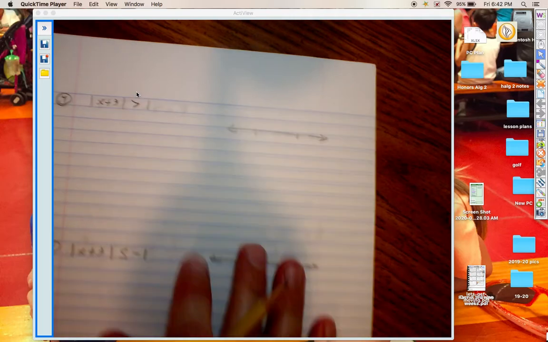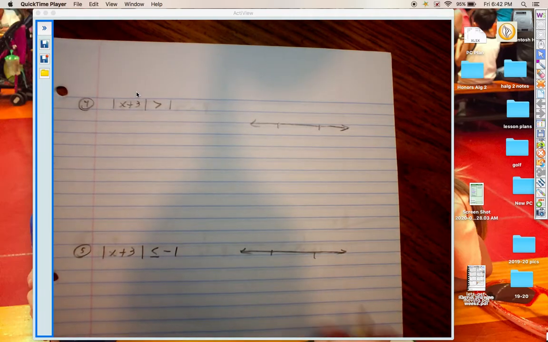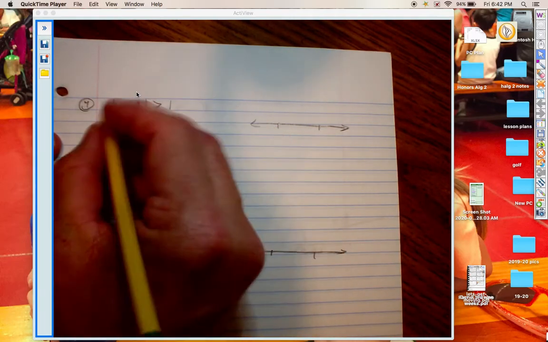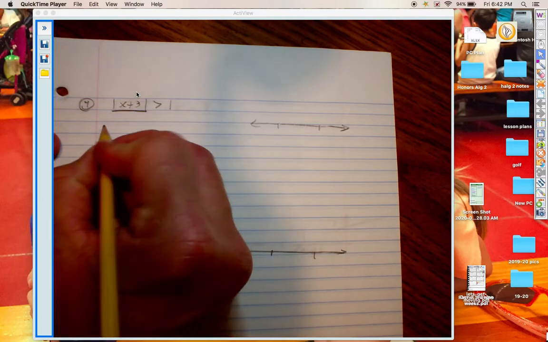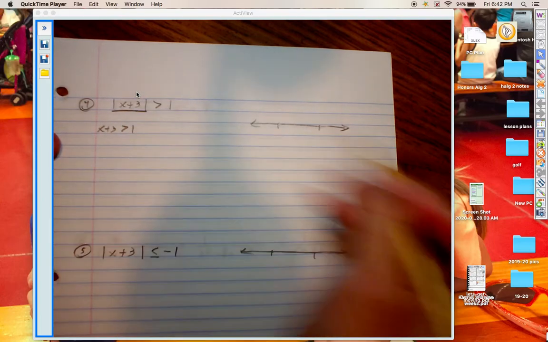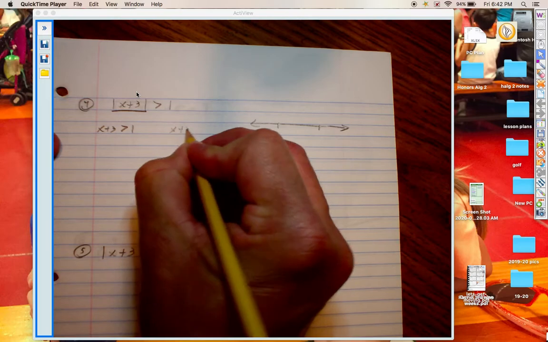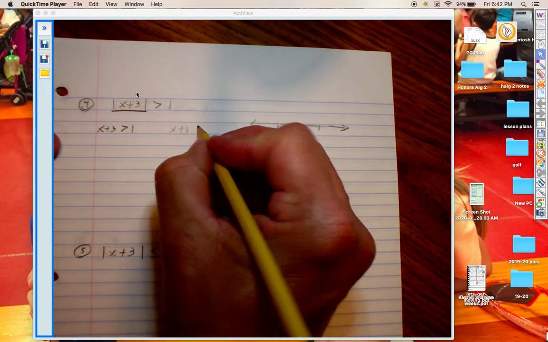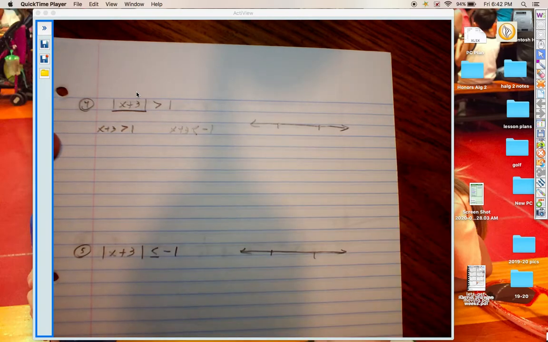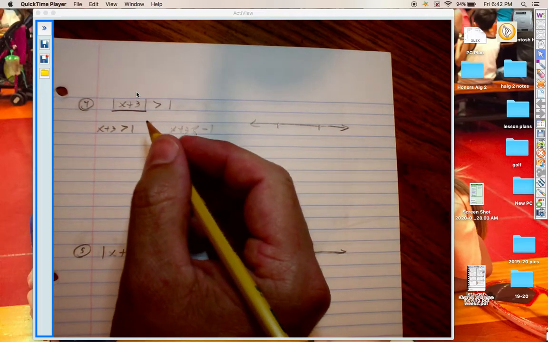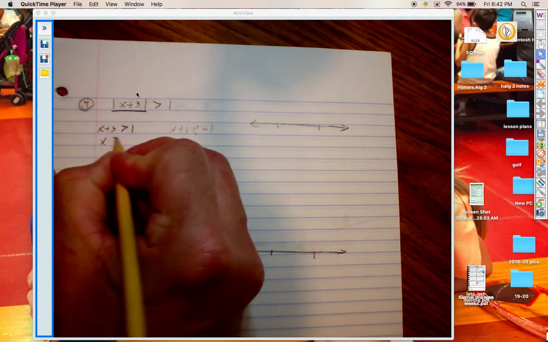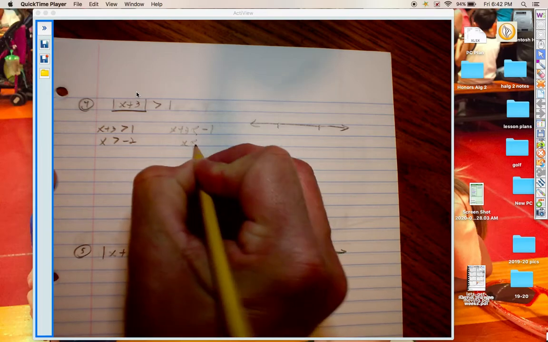All right, solving absolute value inequalities. To solve this, I need to write 2. X plus 3 is greater than 1. Then x plus 3 is, flip it over, less than negative 1. X is greater than negative 2. X is less than negative 4.